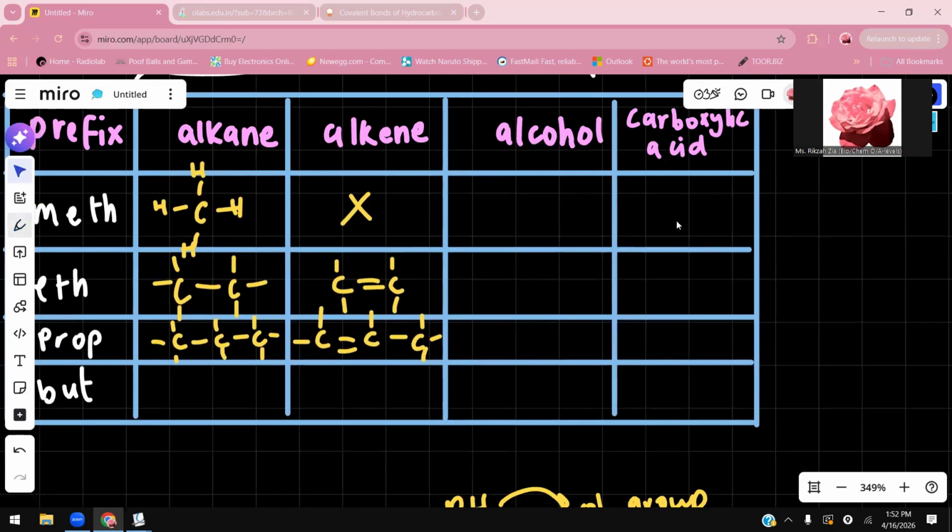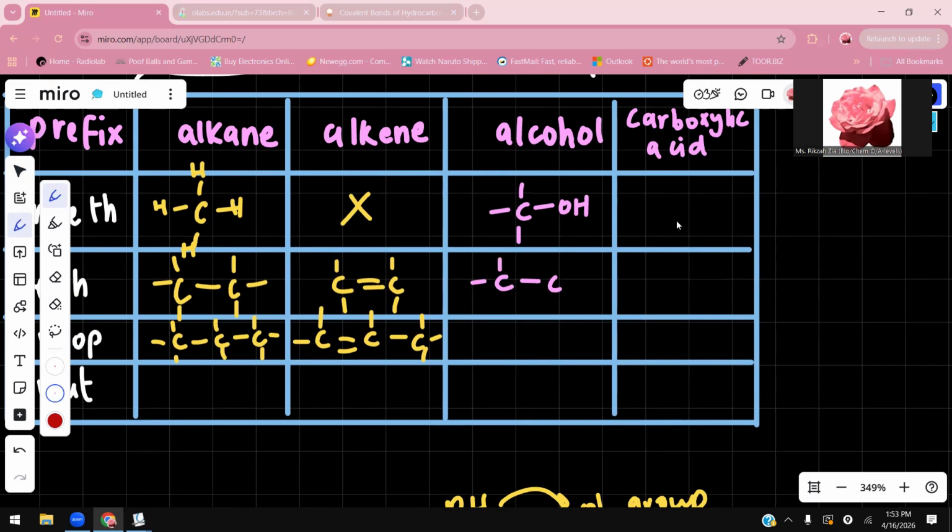So we have methanol, carbon, hydrogens, hydrogens, hydrogens, but I'll add an OH somewhere. OH, methanol. We have ethanol as well. Carbon to carbon, hydrogen, hydrogen, hydrogen, hydrogen. Another hydrogen, OH somewhere. There we go. Same goes for propanol, butanol. I'll let you guys draw that one.